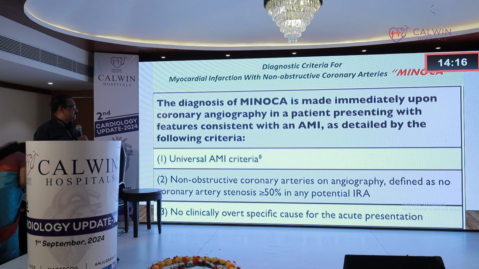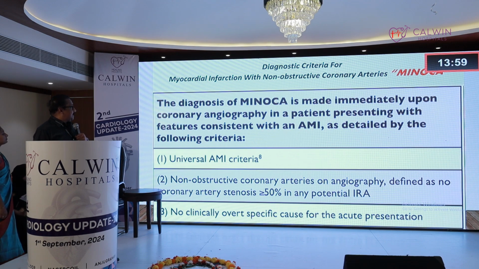The patient presents, based on the universal definition of myocardial infarction, with the presentation of MI, that is chest pain and typical symptoms associated with the rise and fall of troponin values.